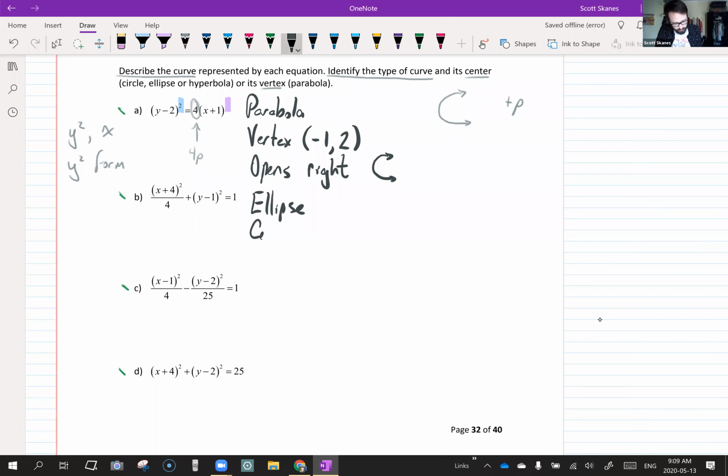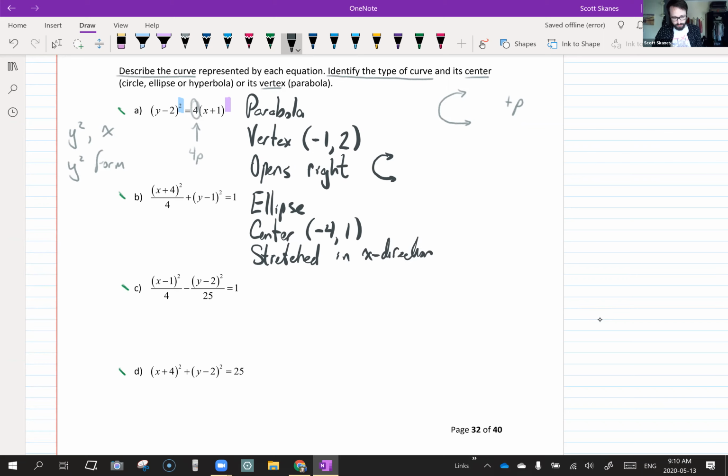It has a center. The center is given by what terms are next to the x and y. So -4 and 1. And then it doesn't open right or left because that's not how ellipses work. It'll be sort of stretched, or the major axis is in the x direction. So I'll just say stretched in x direction.